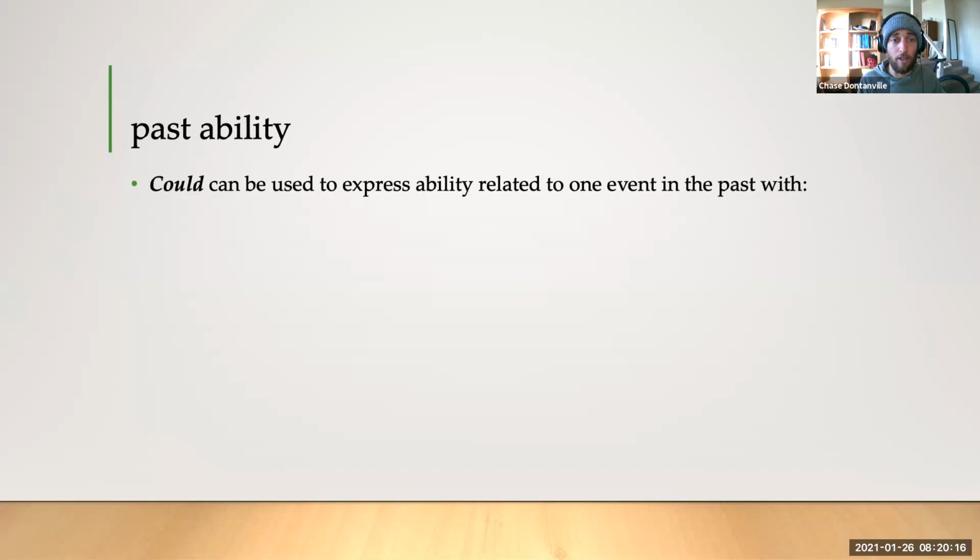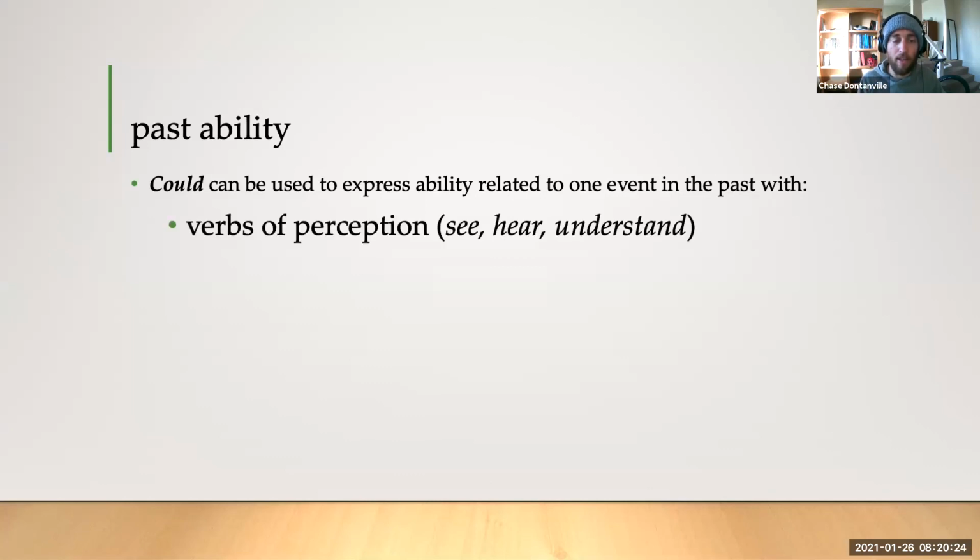So you can use could. Could can be used to express ability related to one event in the past in only two cases. So if you're using a verb of perception like see, hear, understand, I could understand yesterday's lecture. Okay. This is appropriate because it's a verb of perception. Understand.